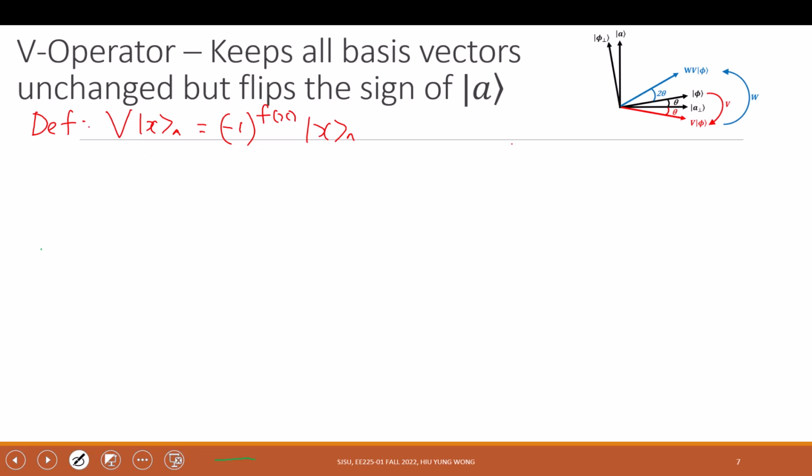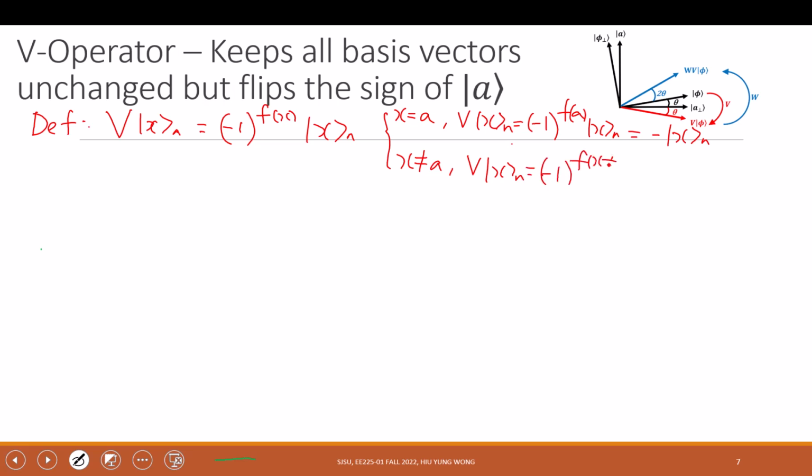Okay? So what does it mean? It says that if x equal to a, then V of xn is going to be equal to -1 to the f of a, xn. What is f of a? 1, right? That is what we are searching. So this is equal to -xn. Is that okay? But if x not equal to a, then V of xn is equal to -1 to the f of x not equal to a.